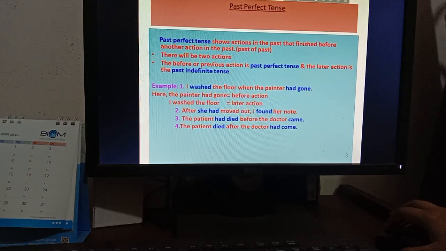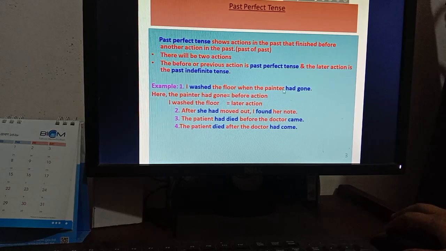I think you have not understood well still now. Okay, now I am going to show you the example. If you see the example, then you will be clear about that. Okay, number 1, I washed the floor when the painter had gone. So in the definition we have seen that there would be two actions. I washed the floor, this is one action, and the painter had gone, this is another action.